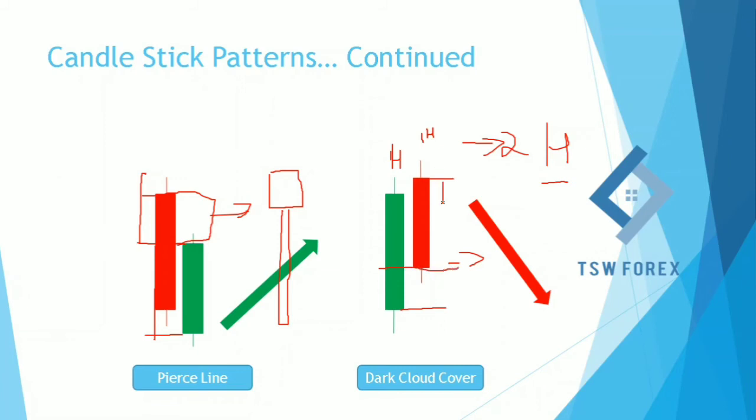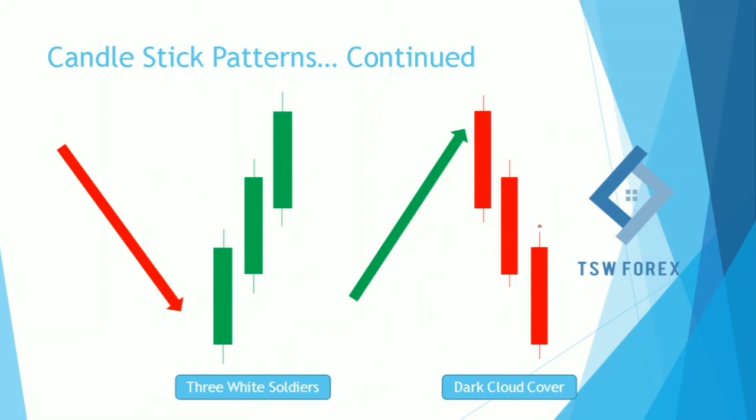Here would be the wick and here will be the body, and this is just another way of looking at what we call a shooting star if it's at the top of a trend. And this is how we look at the piercing line and the dark cloud cover.